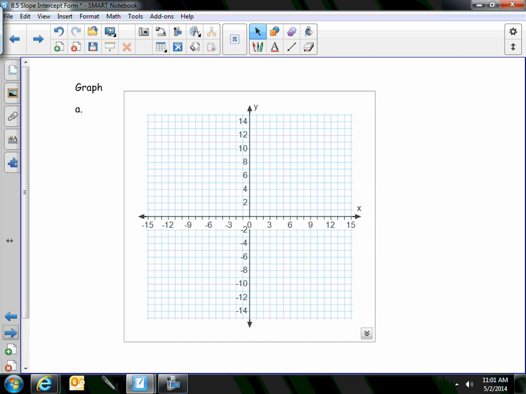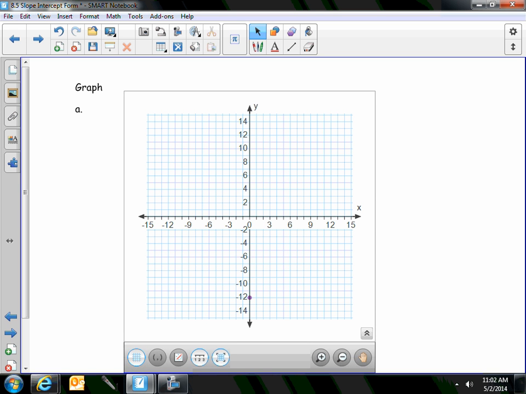So now we're going to graph A. We're going to take where our y-intercept is and graph it. That's where it crosses the y-axis, and our slope in A is 5.